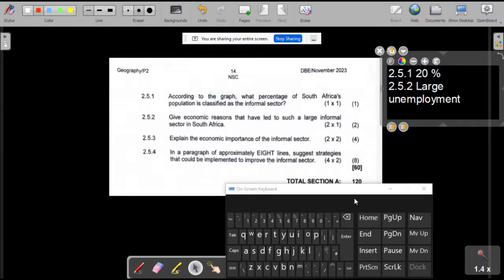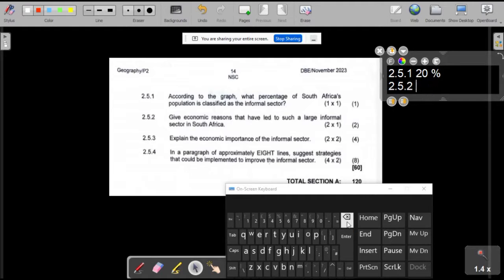Okay, so for 2.5.2, we are required to give economic reasons that have led to such a large informal sector in South Africa. So what are the economic reasons that have led to a large informal sector?